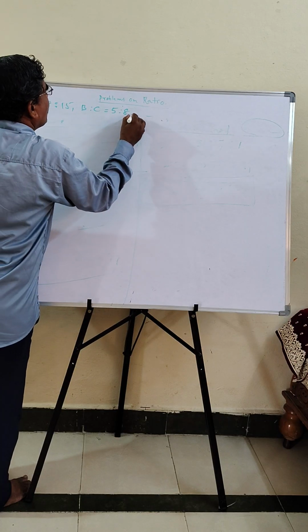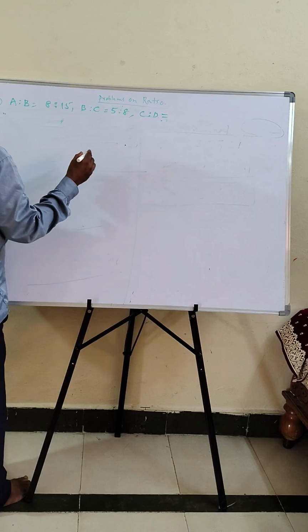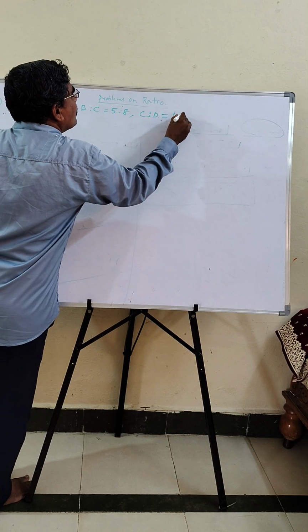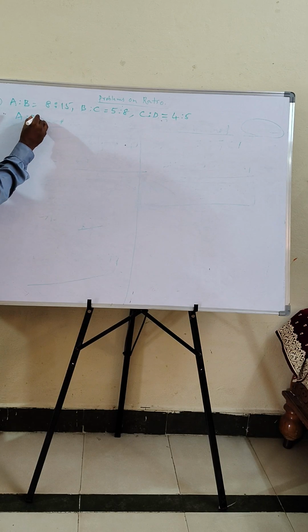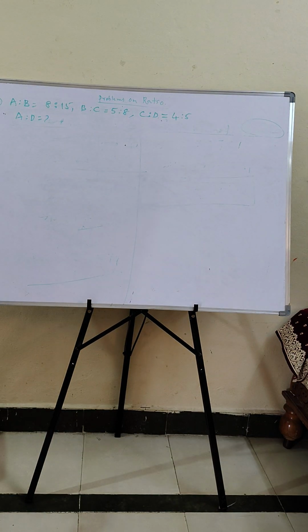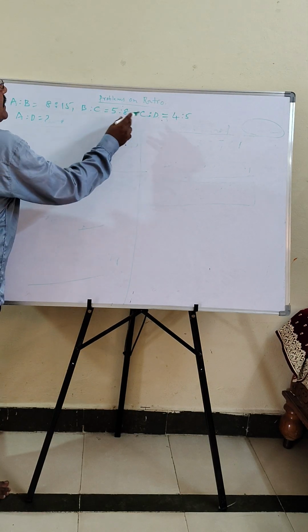C is to D equal to 4 is to 5. What is the ratio of A is to D? Same thing. Here, how many factors? A, B, C, D.